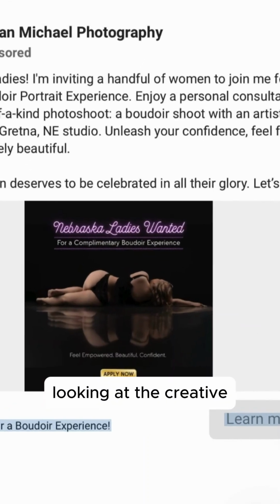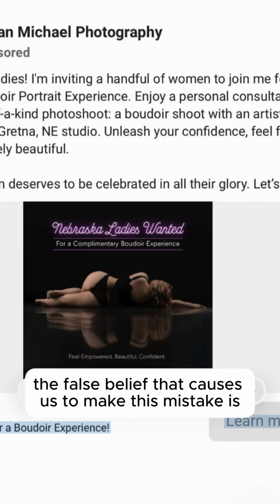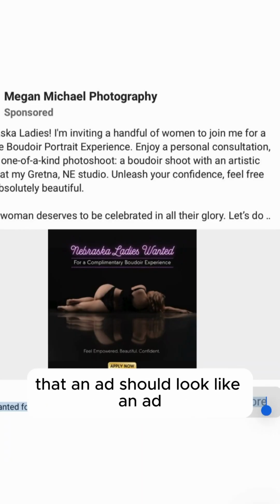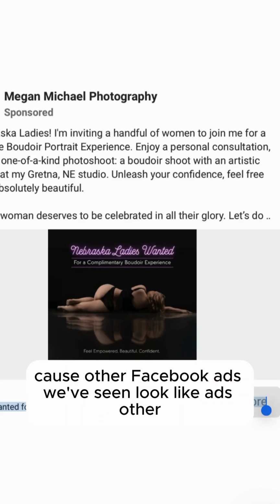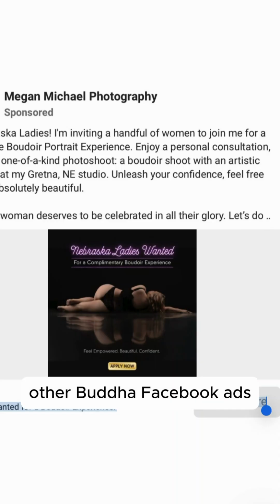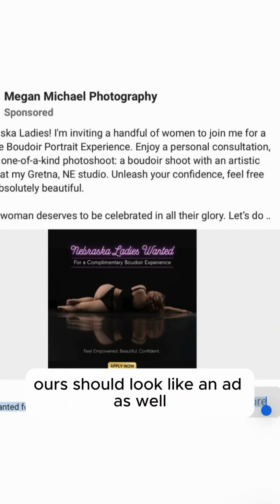Finally, looking at the creative, we got the looks like an ad mistake. The false belief that causes us to make this mistake is we actually believe that an ad should look like an ad because other Facebook ads we've seen look like ads. Other Boudoir Facebook ads, other ads on Facebook, and so we believe ours should look like an ad as well.